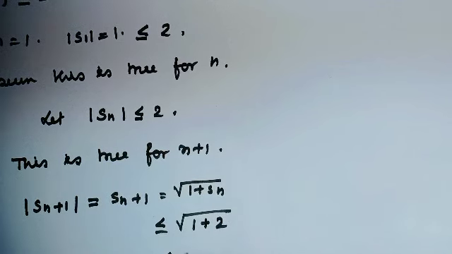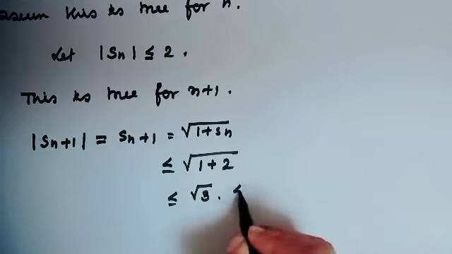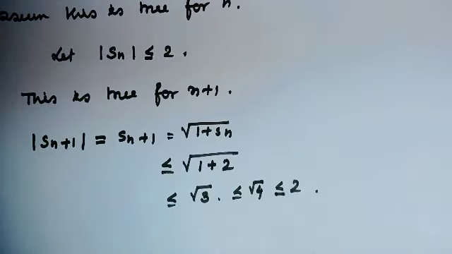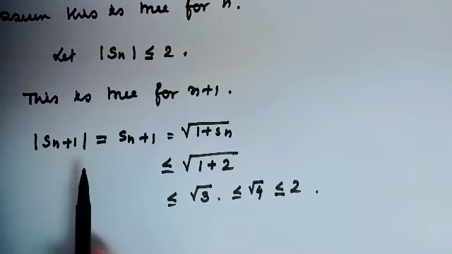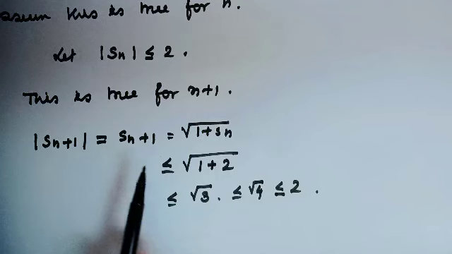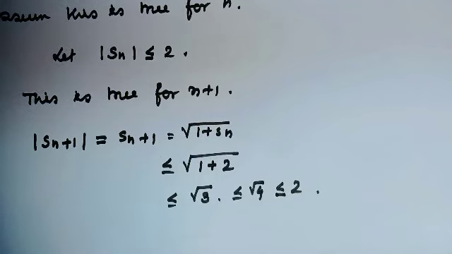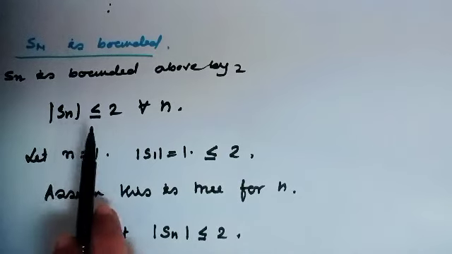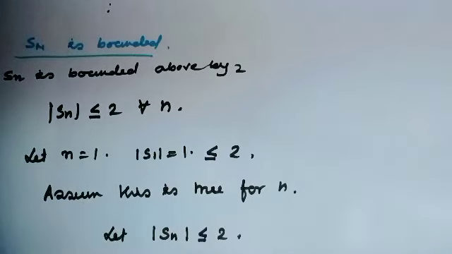This is less than or equal to square root of 3, which is always less than or equal to square root of 4, which is equal to 2. That means by induction this is true for n plus 1. So we can write by induction Sn less than or equal to 2 for all n.